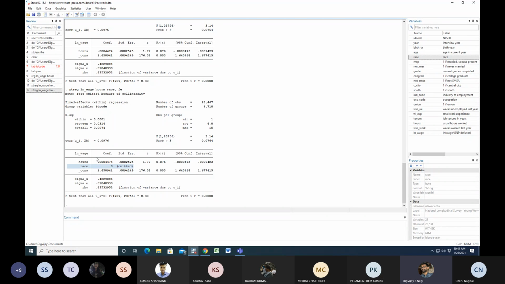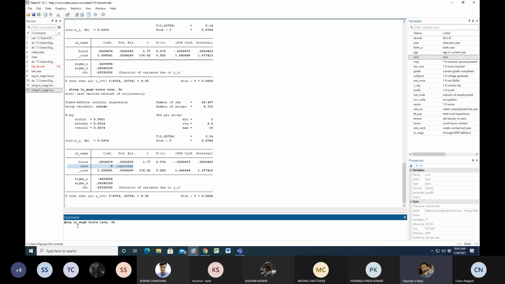Okay, Stata drops it because you cannot estimate the coefficient on a time invariant variable with a fixed effect model, because all of those now go into the fixed effects. So race will drop out. Anything which does not vary over time will be dropped out from the regression automatically. So you cannot run that.